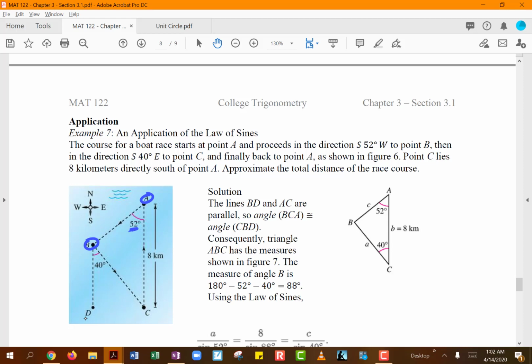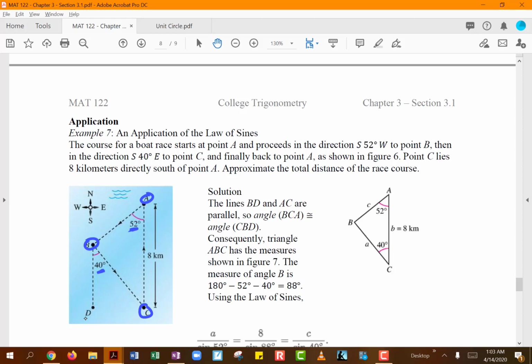And then from point B we are headed southeast at a 40-degree angle to point C. So that's where this 40-degree angle is coming from, because again it's with respect to that vertical north-south line, and then of course we're heading back to point A.